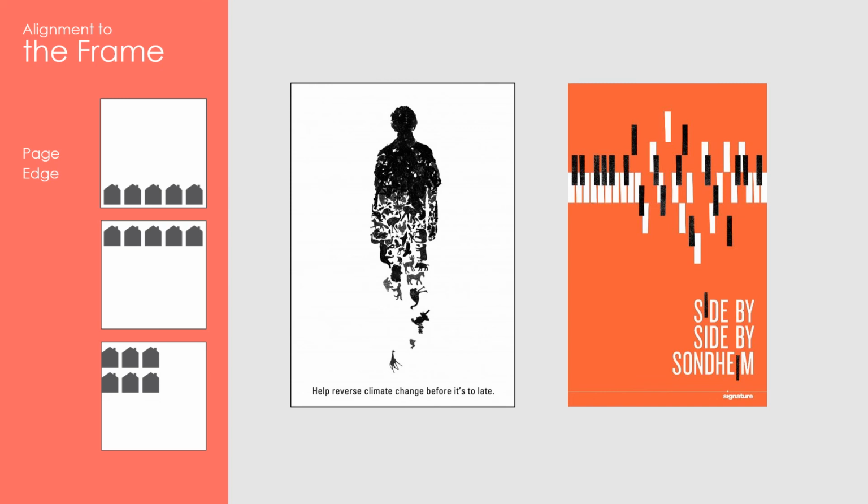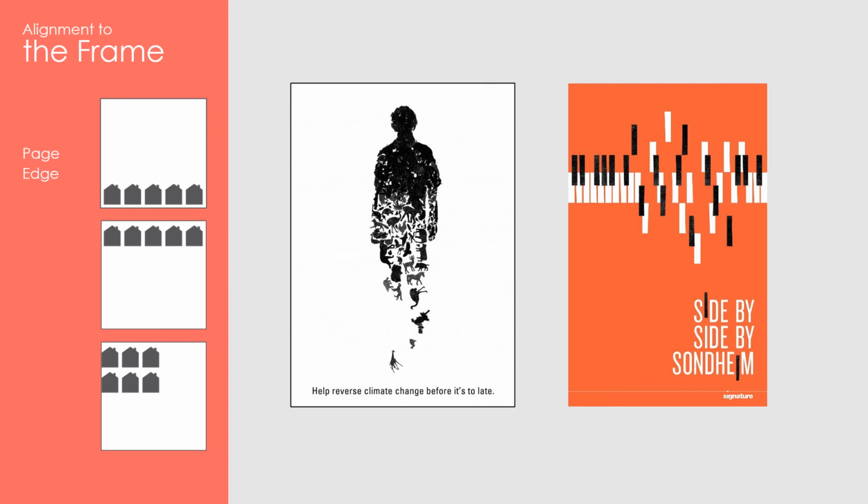So the example is in front of you, right? The one with the person made up out of animal shapes. The information is obviously aligned to the bottom edge of the page. The orange poster, the text is aligned to the bottom right-hand corner of the page, right?